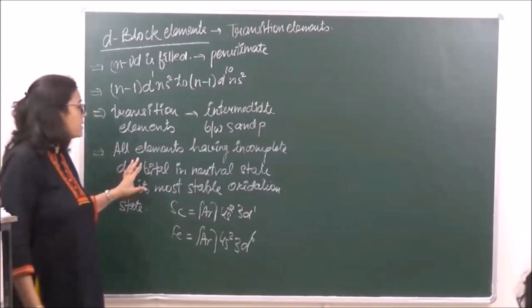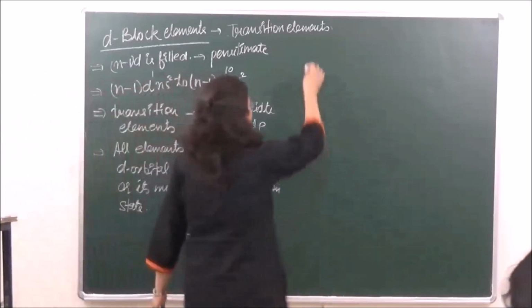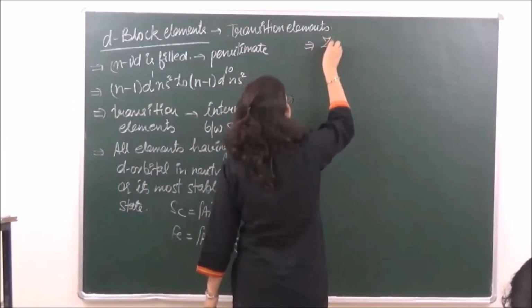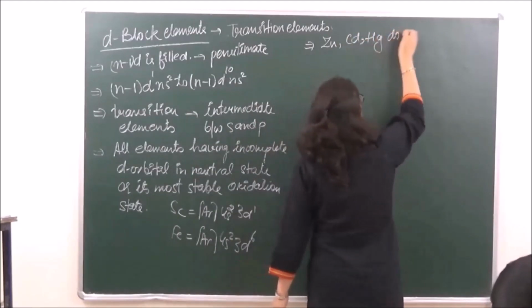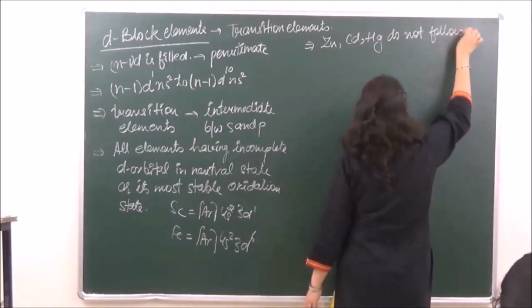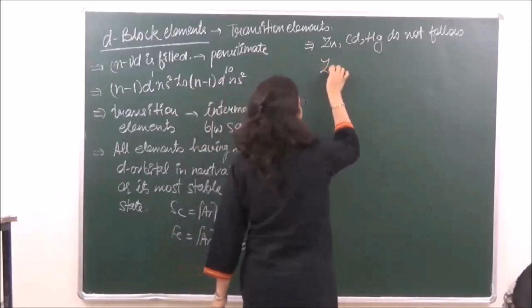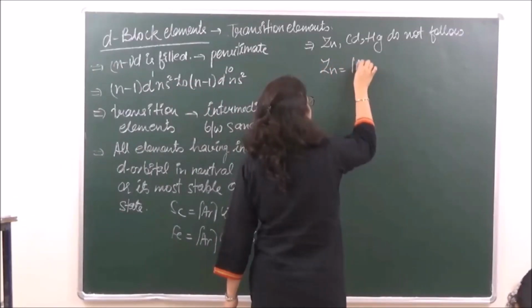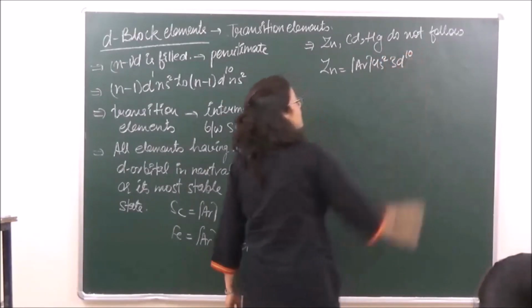The only three elements which do not follow this definition are zinc, cadmium and mercury. For example, the electronic configuration of zinc is argon 4s2 3d10.